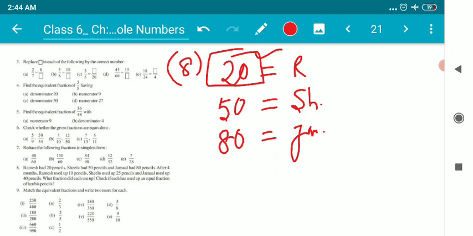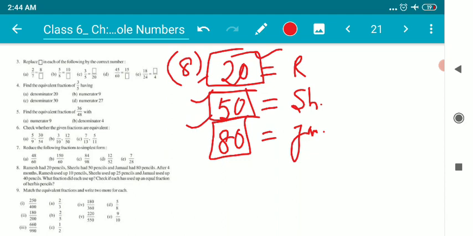Ramesh bought 20, Shilu bought 50, and Jamal bought 80. Four months later, means they have used pencils for these four months. Ramesh used up 10 pencils, Shilu used up 25 pencils, and Jamal used up 40 pencils. What are the fractions of their uses?